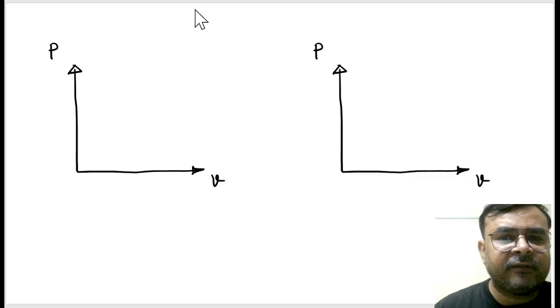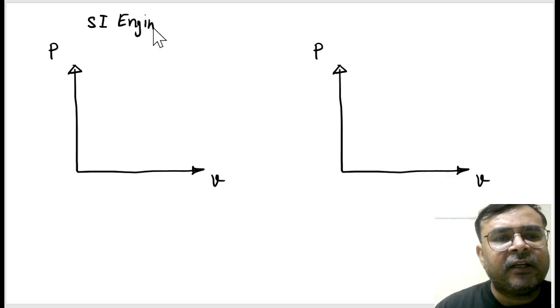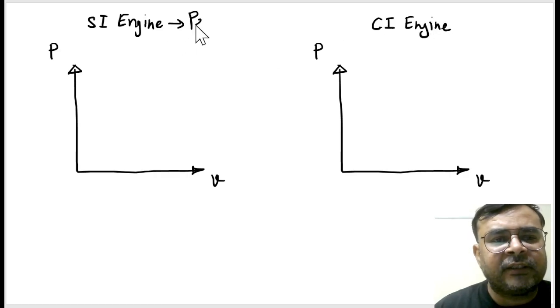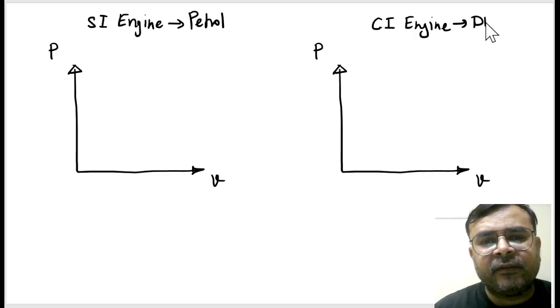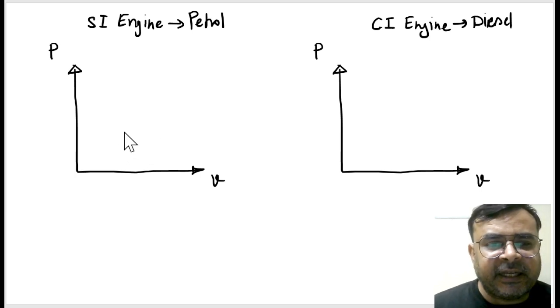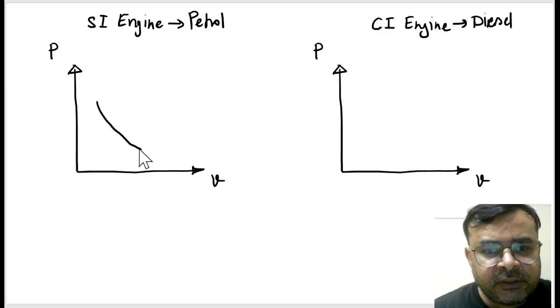So you can see here, this is basically the SI engine, that is the spark ignition engine. I am not writing it again and again. And this is the compression ignition, that is the CI engine. Of course, in the SI engine we use petrol as a fuel, and in the CI engine we use diesel as a fuel. So, in the petrol engine, if I draw the air standard cycle, then here we have this PV diagram.